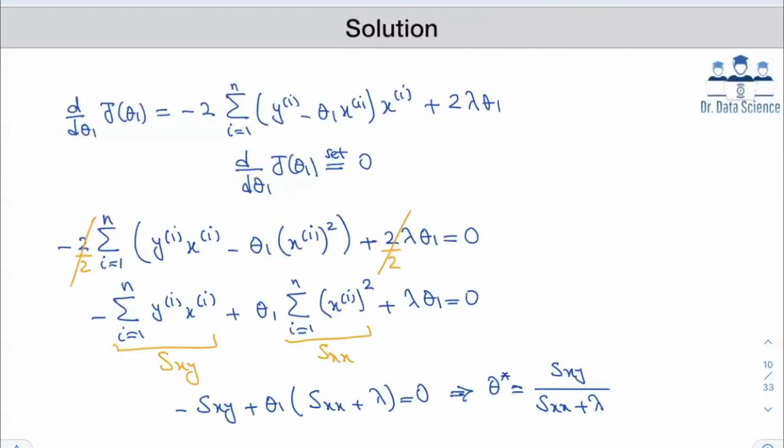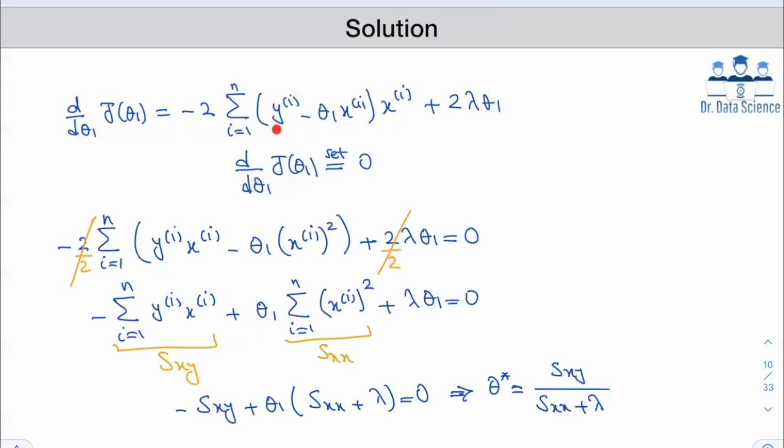So here I have set this derivative equal to 0. And the first thing I noticed is that there's this factor 2 and 2 here. So I'm going to divide both sides of this equation by 2 so that I can get rid of these extra 2s that I have here. And this gives me the negative summation from 1 to n of yi xi. That's also something that I have done here.